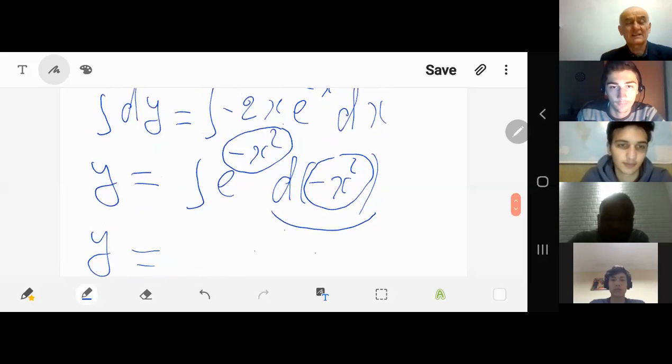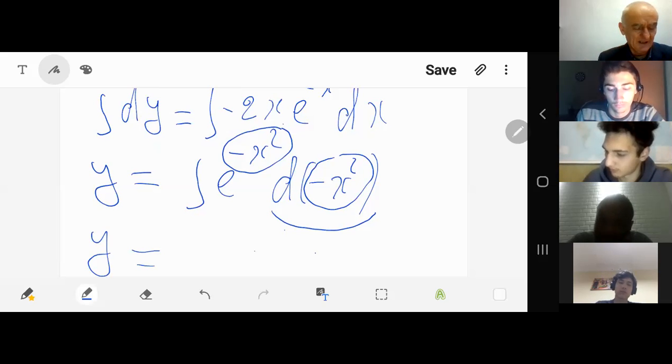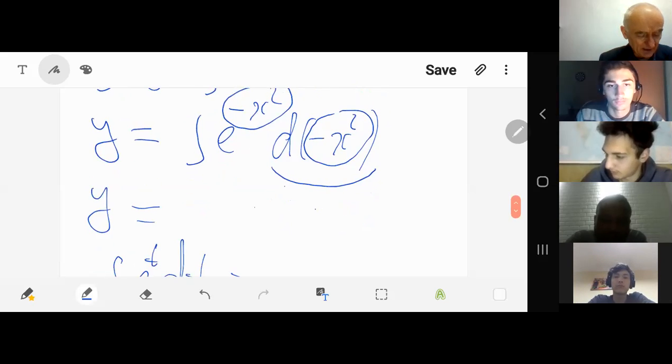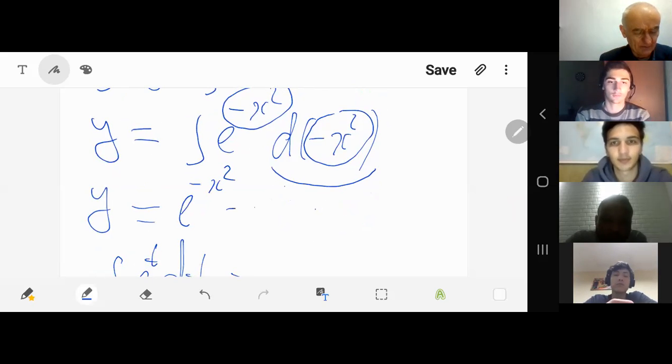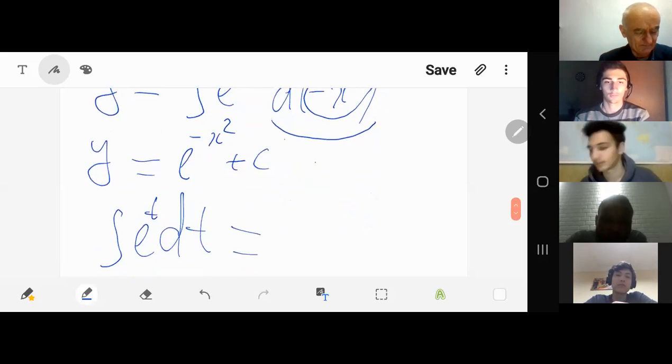Here we have absolutely the same: if we imagine minus x squared as t, we have e to power t. So we have e to power minus x squared plus c.